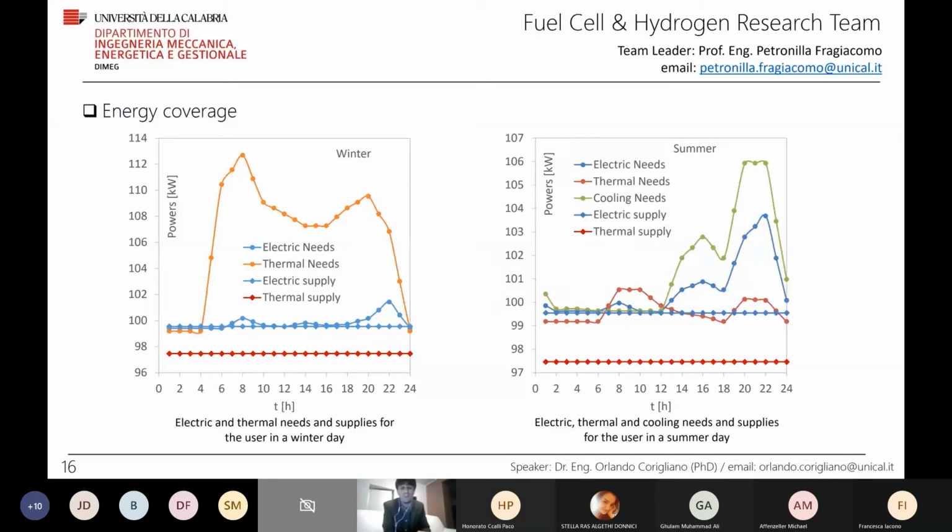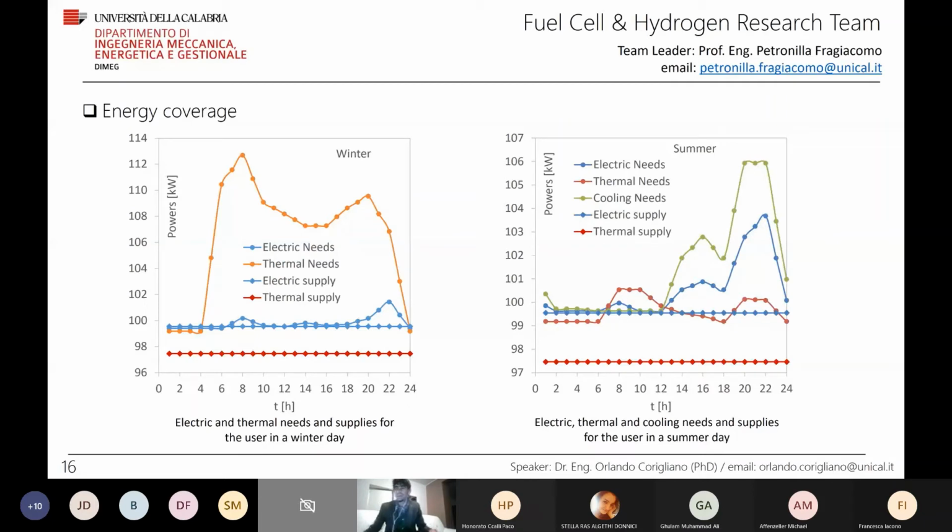Otherwise, the thermal supply is not sufficient to cover the thermal needs of the user. Anyway, this implies a very important economic saving for the user, because in the opposite case, the user would have bought this energy from outside.